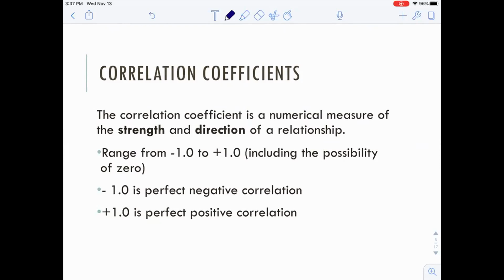And a -1 is a perfect negative correlation, meaning that if you were to draw a straight line, the straight line would go through every single point. Same thing with the positive, same idea, 1 being the strongest. If you drew a straight line through all the points, it would be a straight line connecting all the points.